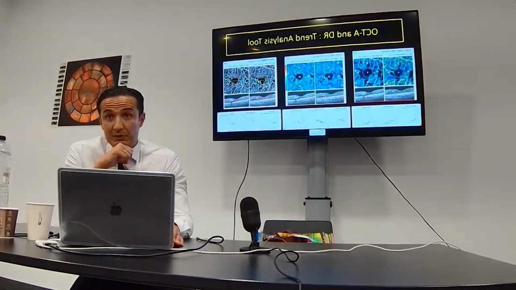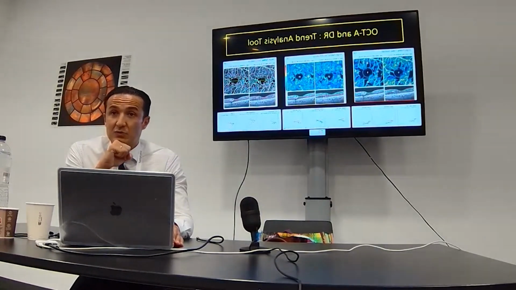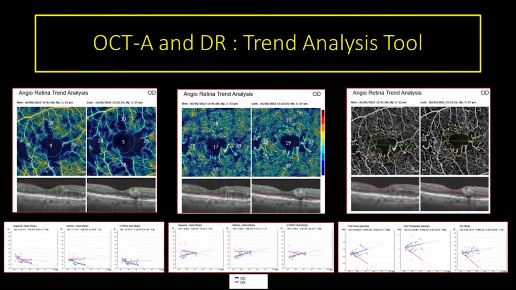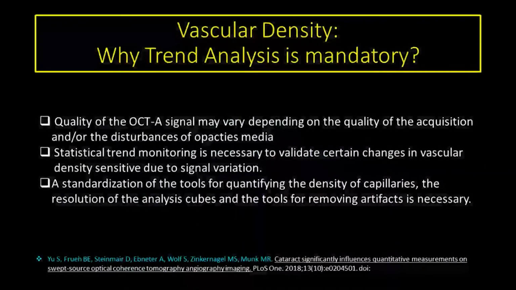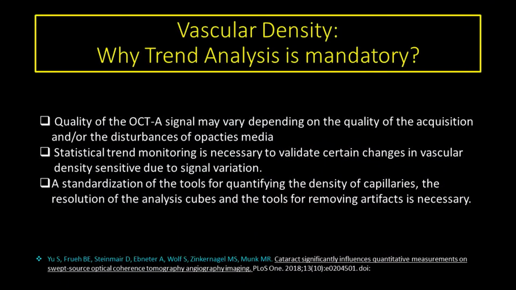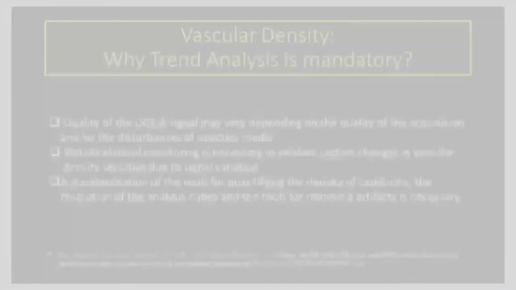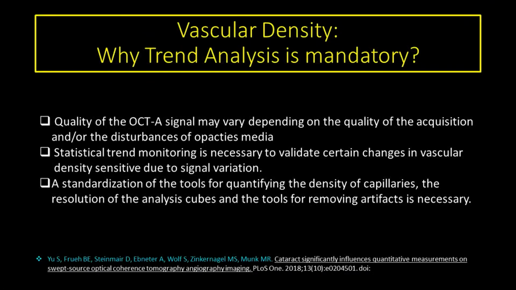And it's mandatory to have a trend analysis because when you perform OCT angiography, sometimes you have some variation of the signal due to the acquisition or disturbance of the opacities media, and this statistical trend is necessary to validate changes in vascular density due to the signal variation.